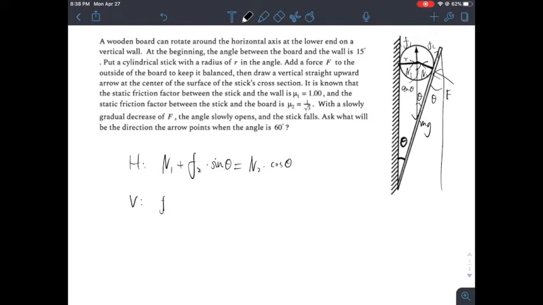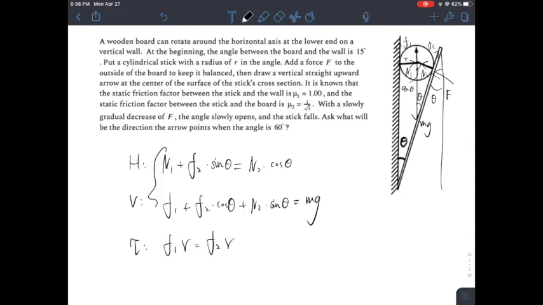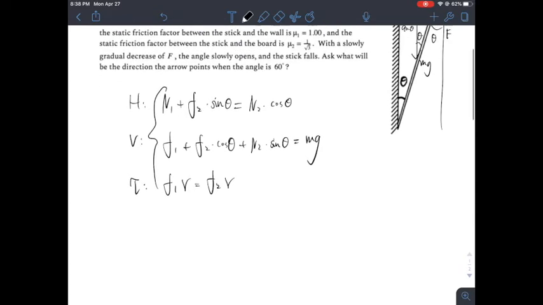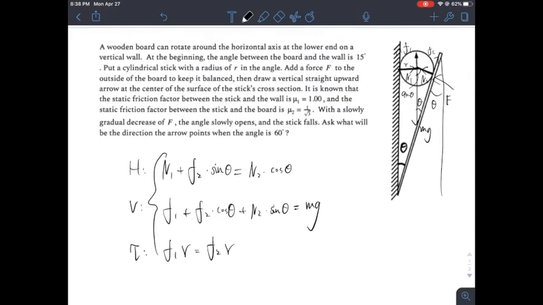In the vertical direction, we have F1 plus F2 times cosine of theta plus N2 times sine of theta equal to mg. Then for the torque, we balance the 2 friction forces times the radius of the circle.